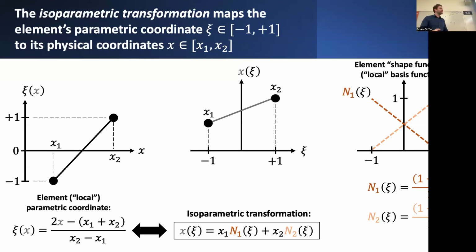And the idea is I can choose to represent whatever function, the displacement field, or even just the position of points arranged along the length of that element, in terms of just some linear combination of these local element basis functions, sometimes also called shape functions. So if you hear me say the word shape function, really, I'm referring to nodal basis functions that are local or specific to a particular element of interest.